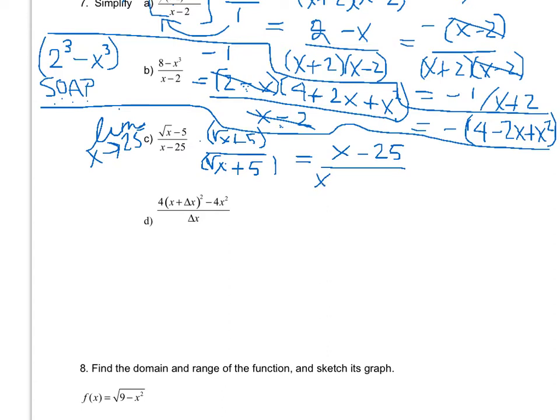And in calculus, you try and leave things in their factored form, because some of the time you get magic and things cancel, which leaves you with 1 over root x plus 5.